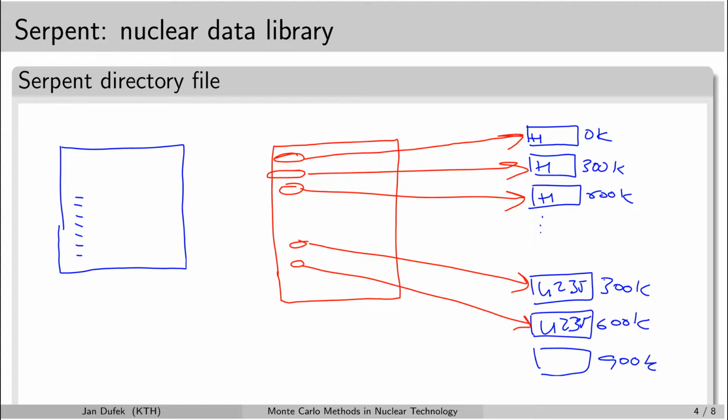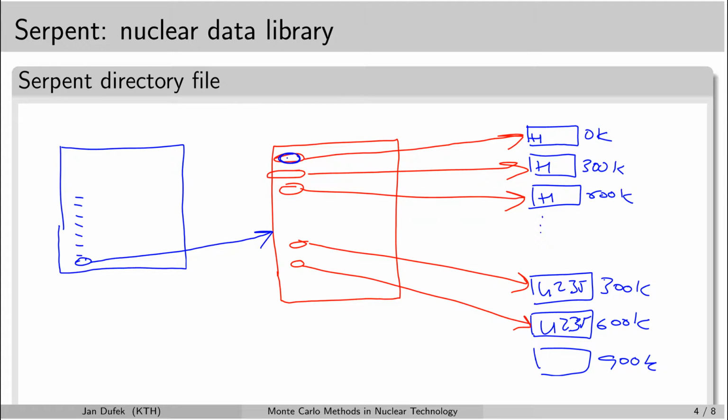So typically the cross-section library comes with the directory file, and all you have to do in your input file is to have a link to the directory file, right? Once you have established the connection between your input file and the directory file, you can use the names for different nuclides at different temperatures from the directory file.